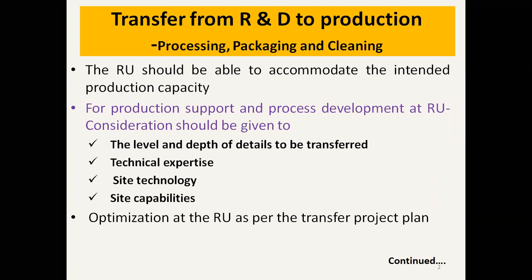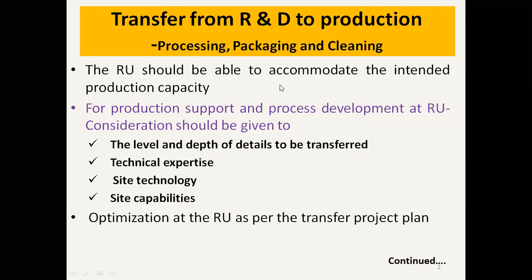The RU should be able to accommodate the intended production capacity. For example, if they want to prepare one lakh batch of the tablet, they must have the capacity to prepare that much quantity of the tablet. So this is the first requirement.